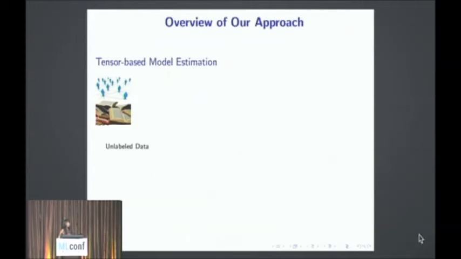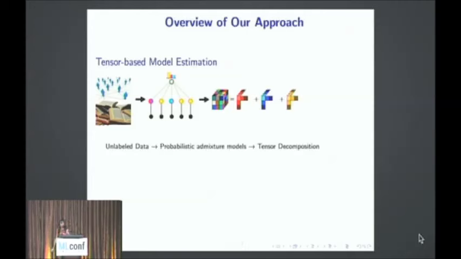The main framework is to take this unlabeled data, posit this class of latent variable models, and look at tensors. In these cases, tensors turn out to be higher order moments in data. In the text example, it turns out to be the co-occurrence counts of triplets of words or higher in my documents. I can look at every triplet of words and count how many times on average it occurs across all documents.